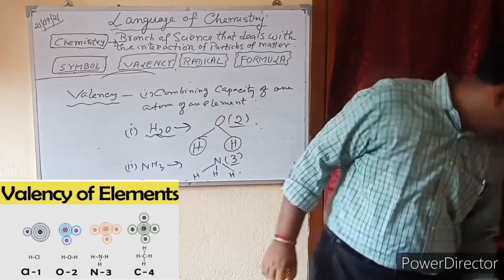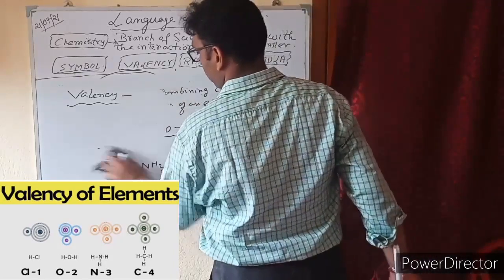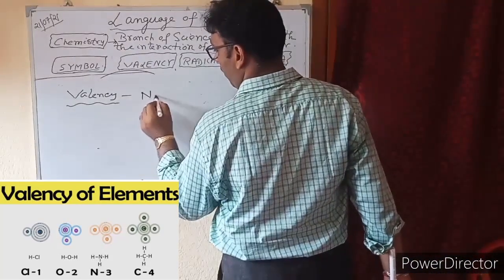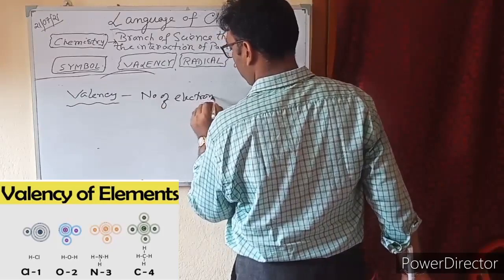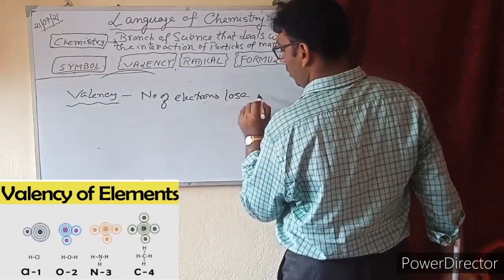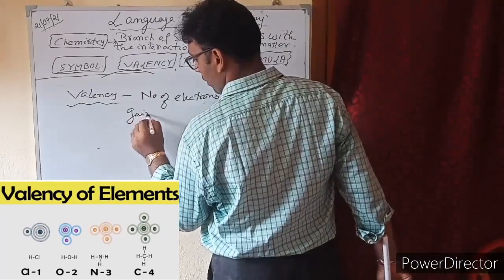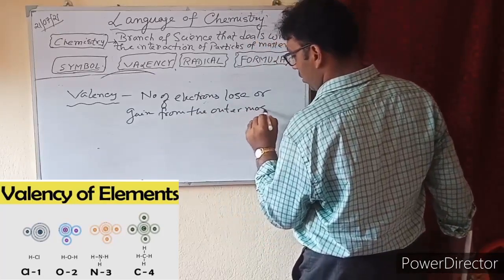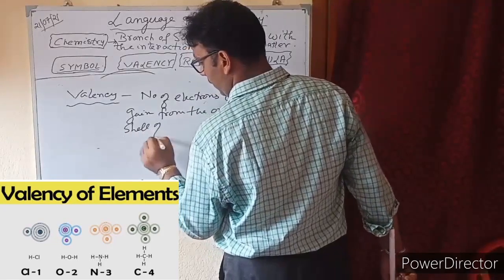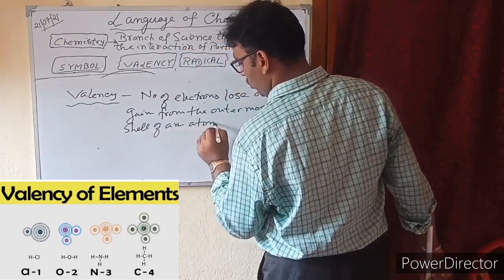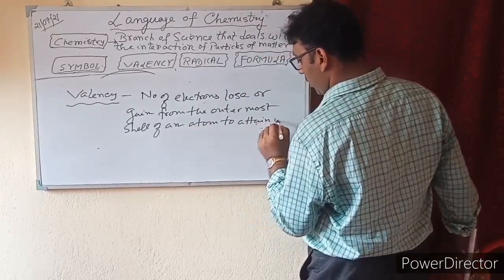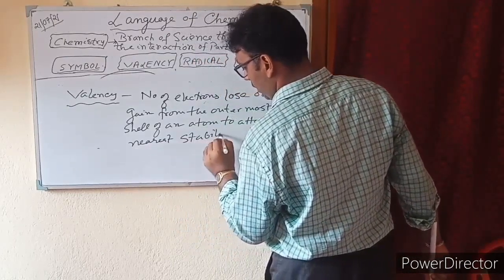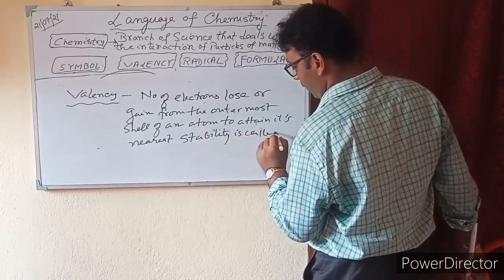Now coming to the second definition: the number of electrons lost or gained from the outermost shell of an atom to attain its nearest stability is called valency.